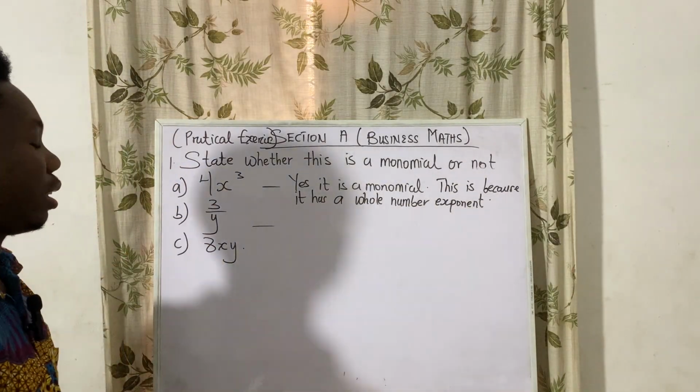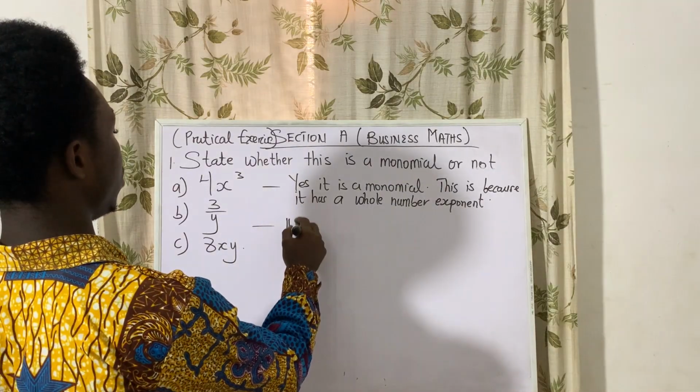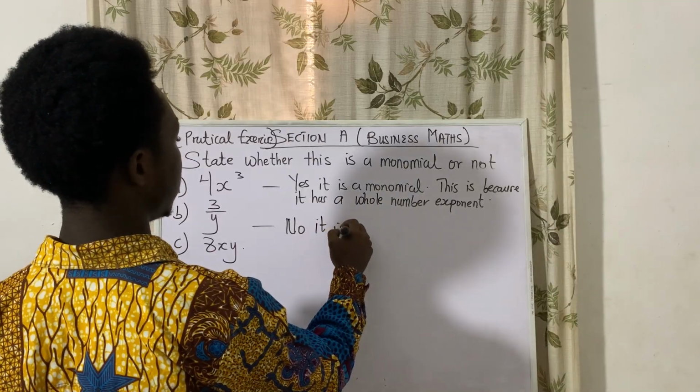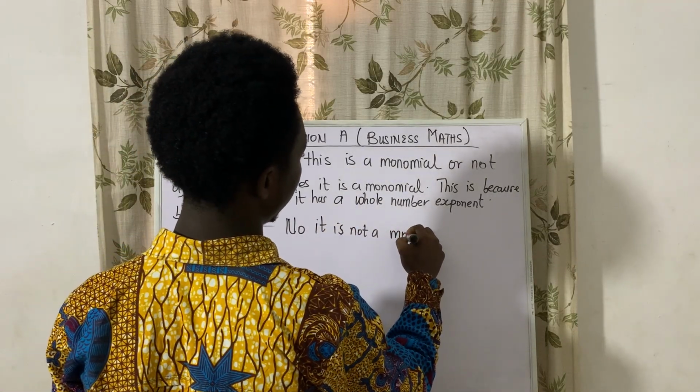Now, looking at this, 3 over y. Is this a monomial? No, it is not. Why?